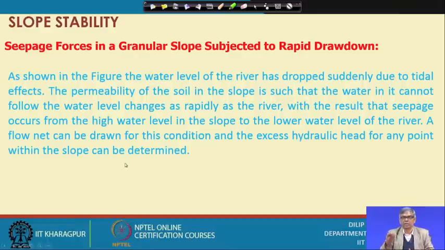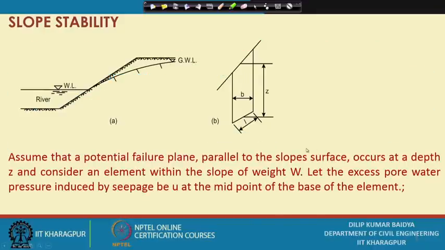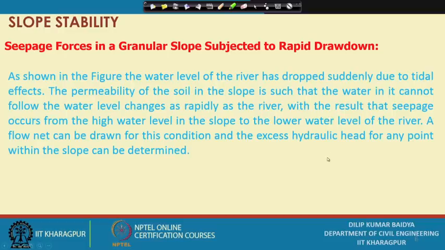That means, when water is flowing through the soil, that hydraulic head causes excess hydraulic head, which we have considered while discussing seepage forces. We have discussed seepage and permeability. When flow is taking place through the soil in the upward or downward direction, accordingly a seepage force will be there.